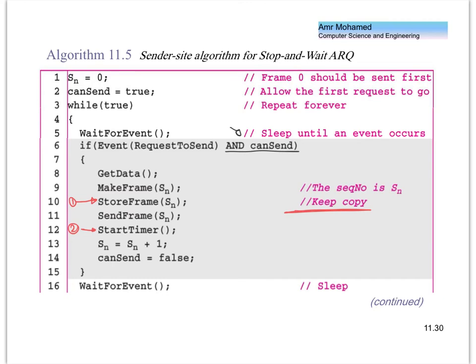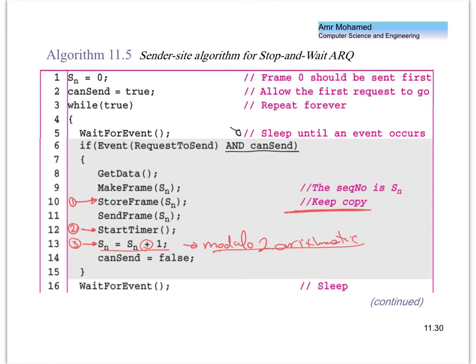Number three, we have to handle the sequence number, and this is modulo 2 arithmetic addition. In other words, this is XOR. So 0 plus 1 is 1, 1 plus 1 is 0, right? And then 0, and then 1, and then 0, and then 1, and so on.